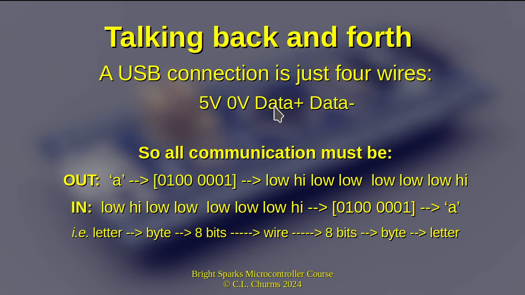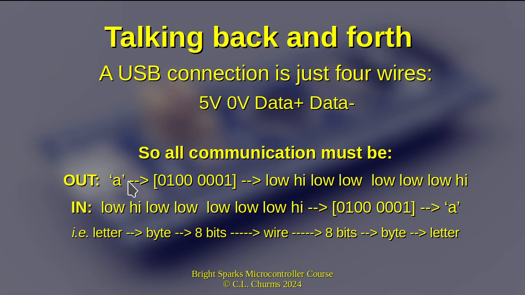The bottom line is that all communication has to be serial. It has to be changed from some other thing that we want to send to some other number in binary, and then that gets sent along the wire.